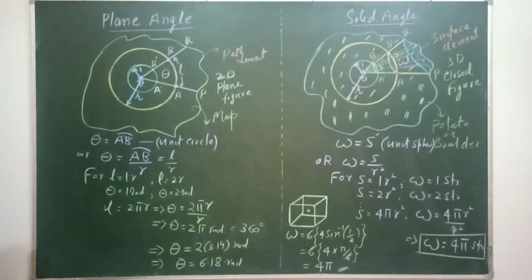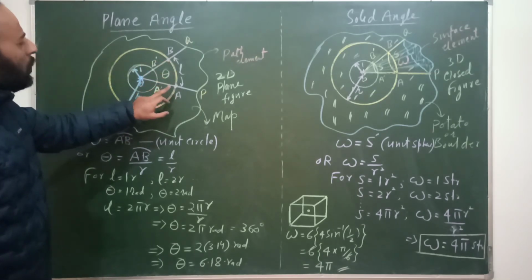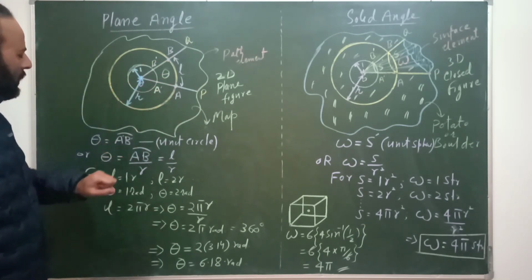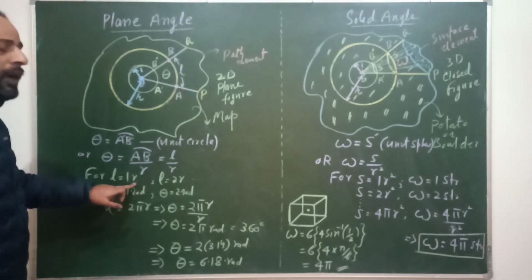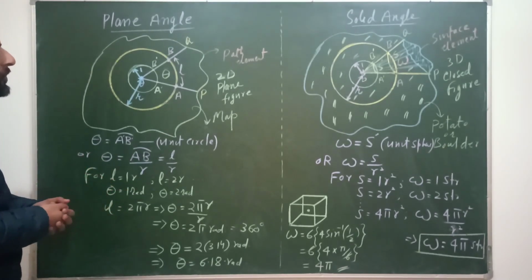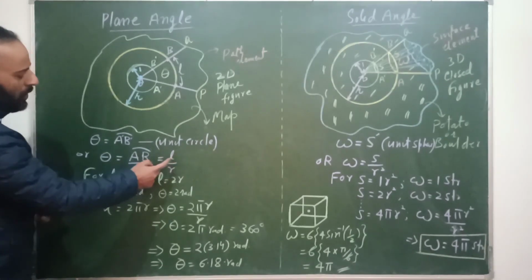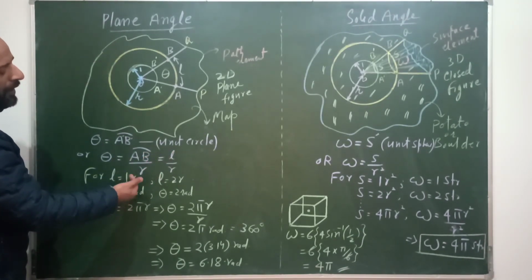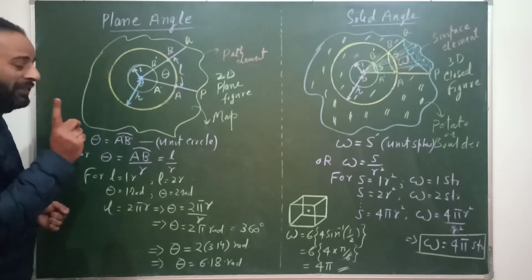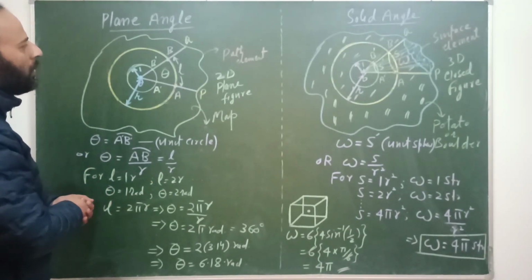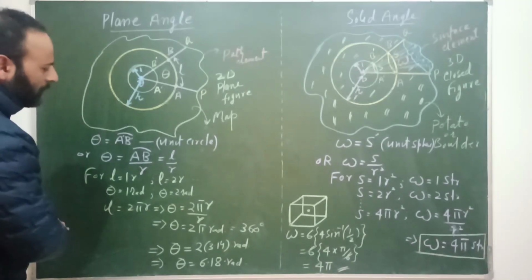Now, if this L is equal to the radius of the circle, that is L is equal to 1r, then what will be the measure of the plane angle? Theta is equal to 1r divided by r, so that is equal to 1 radian. Radian is the unit of the plane angle.